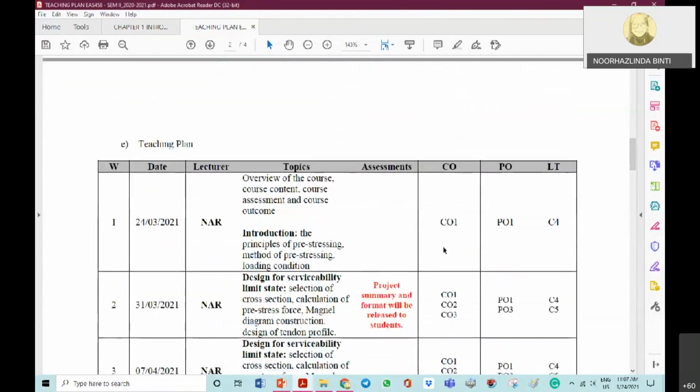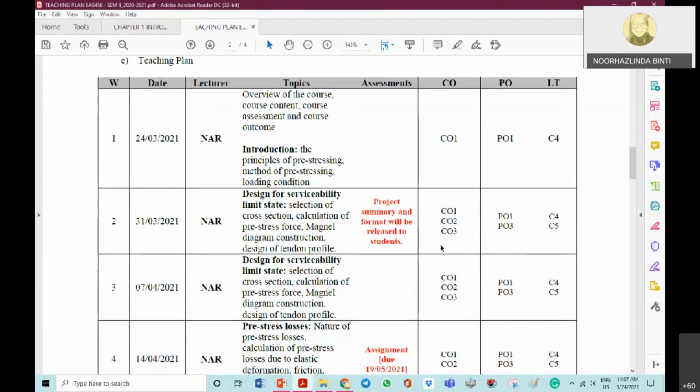Okay, basically, I will explain a bit of the overall content of this particular course. There will be around 7 topics to be covered. The first one, of course, is the introduction. This will be covered by myself. And then we have serviceability limit state. This is quite different from the RC design.